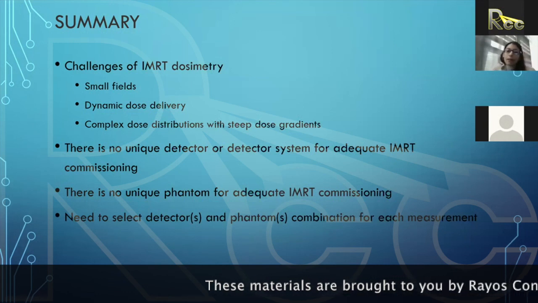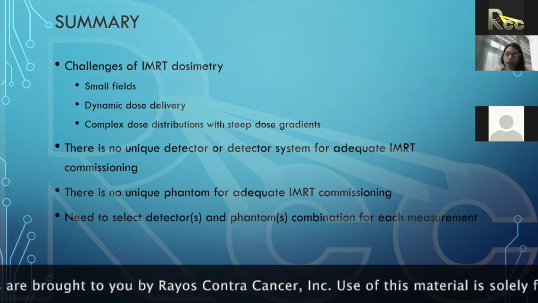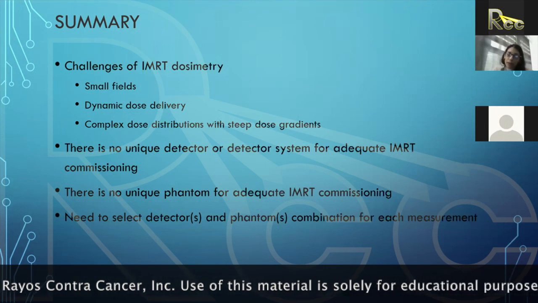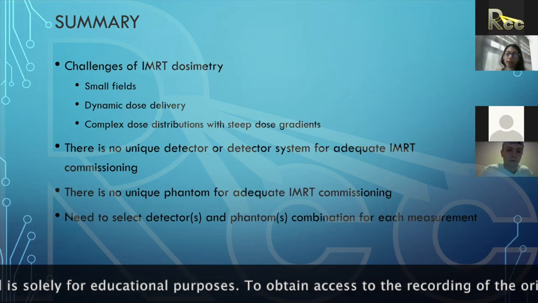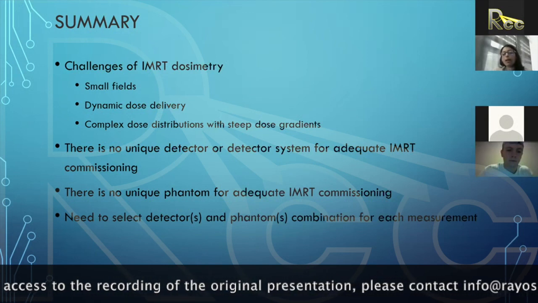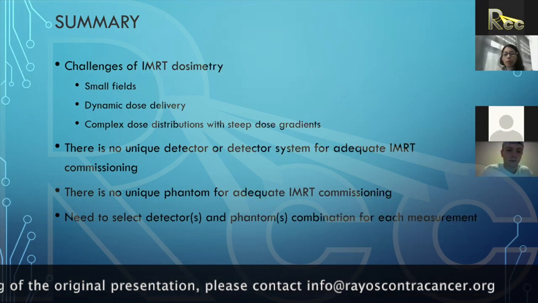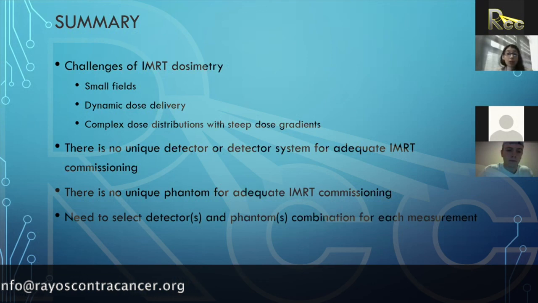Yes. So when you are doing your commissioning, there are two portions, right? There is the portion where you are gathering your data. And then after you gather your data, you go to your treatment planning system and you do your beam modeling with that data that you just collected.